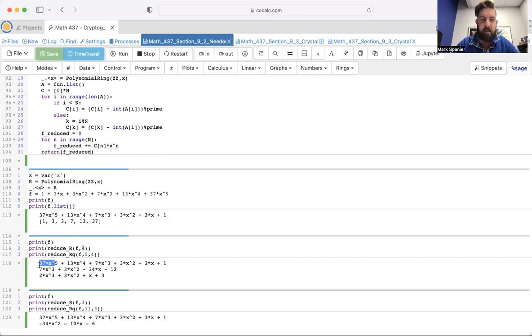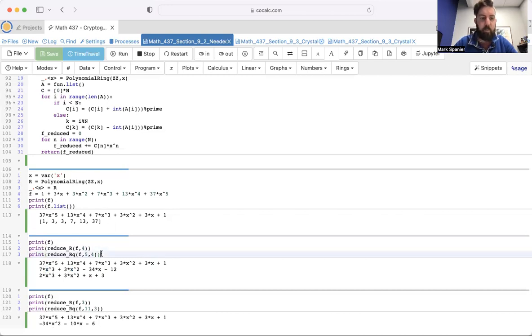Likewise, this 37x to the fifth will become 37 times -x, or -37x, and that one with this 3x is then going to combine to become a -34. So that's what we saw in the notes, hopefully they looked the exact same. So I had -12 and -34, which is correct. Again, it's written the other way around in my notes, but hopefully you can manage that. The 3x squared and the 7x cubed are obviously unaffected.